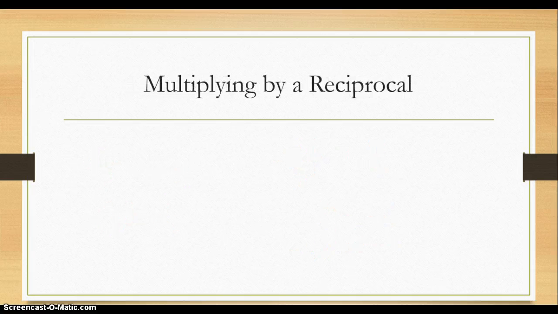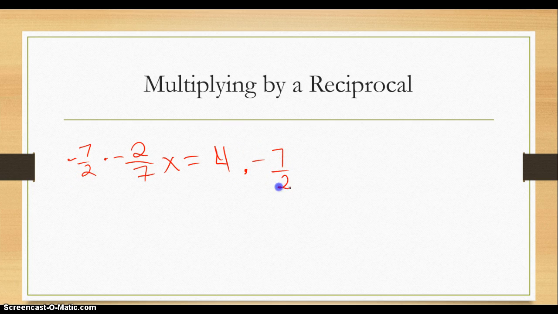Multiplying by a reciprocal. You'll be given some problems like negative 2 over 7x equals 4. We have this fraction, the coefficient, in front of the variable that we need to get alone. So I'm going to multiply by the reciprocal, or the inverse, which is negative 7 over 2. When I do that on the left side, I have to do it on the right side as well, and remember 4 is over 1.